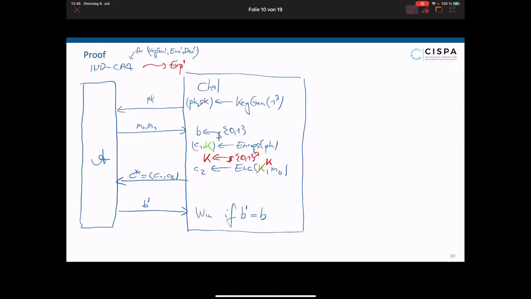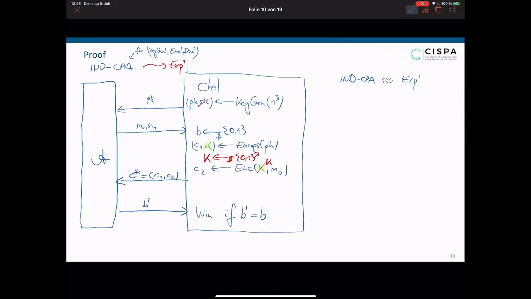That's already it. So the first thing of course we have to show is that the winning probability in the IND-CPA experiment is roughly the same, up to a negligible term, as in Exp prime.